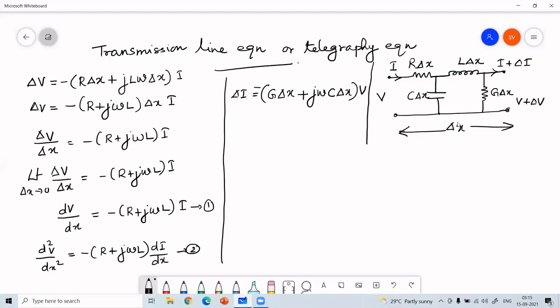Here also I am giving a negative sign to show the decrease in current.